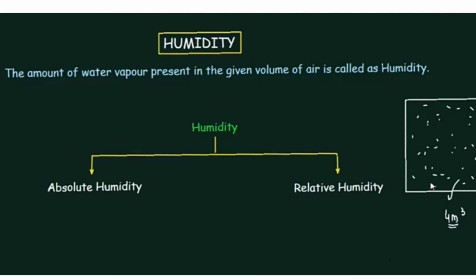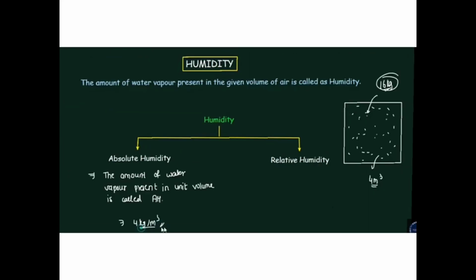Now to understand that, let us understand with an example. Let us take a box which is 4 meters long, 4 meters broad, and the height is also 4 meters. So it is a cube of 4 meters, and the volume is 4 meter cube all together. Suppose we had taken that much container.